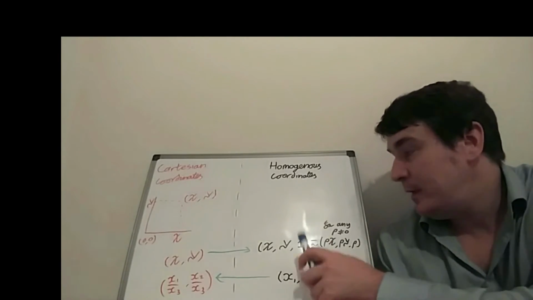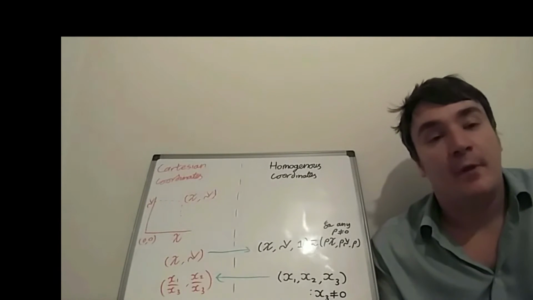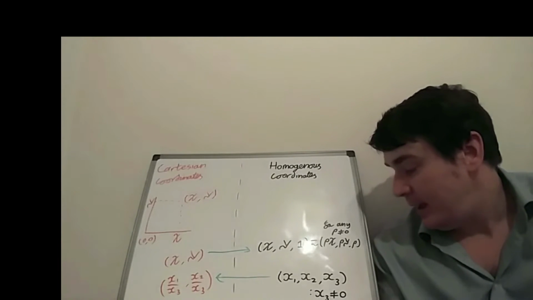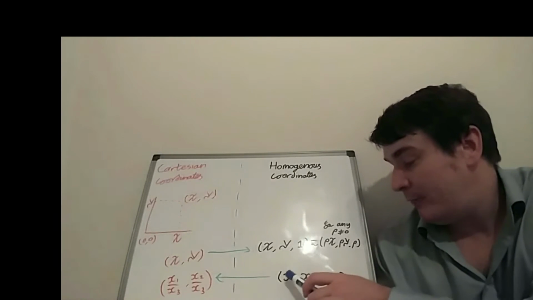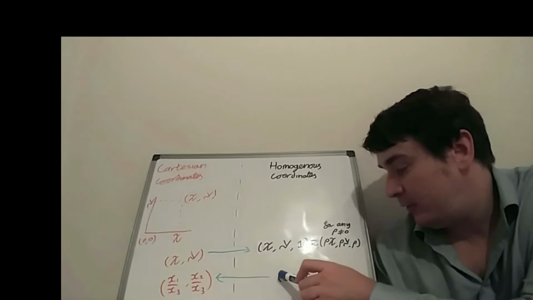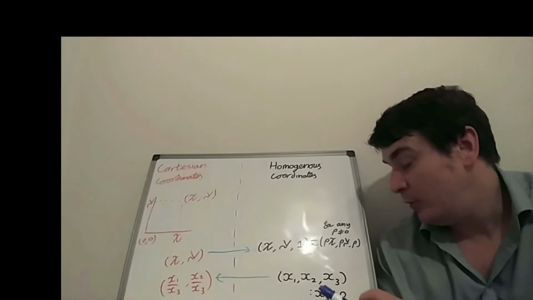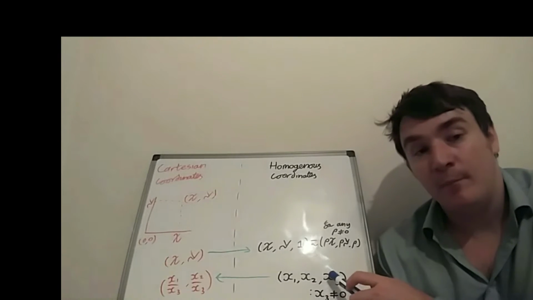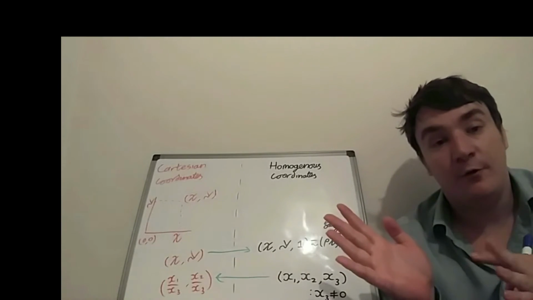By looking at how we go from homogeneous coordinates to Cartesian coordinates, we start to get a sense of why homogeneous coordinates can be more useful. So in particular, if x3 is not equal to 0, and we have homogeneous coordinates (x1, x2, x3), then what we can do is multiply all of these entries by 1 over x3, and then we'll get x1 divided by x3, x2 divided by x3, and 1. And that operation is just multiplying all of the entries by a non-zero constant.